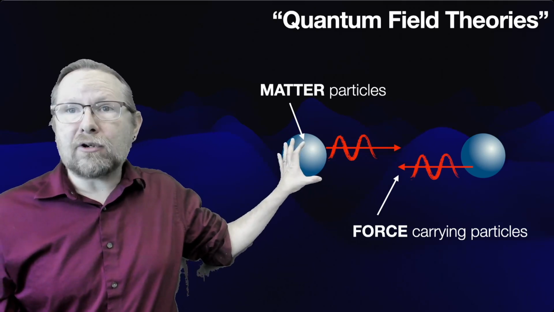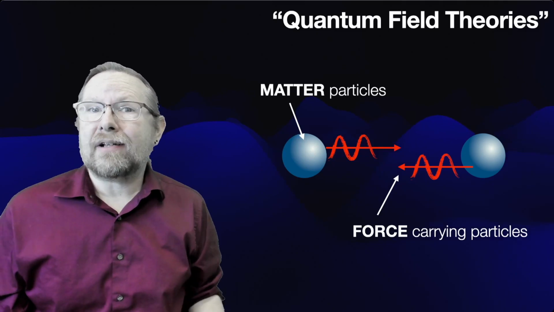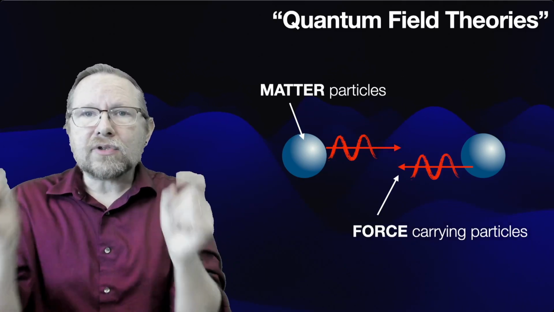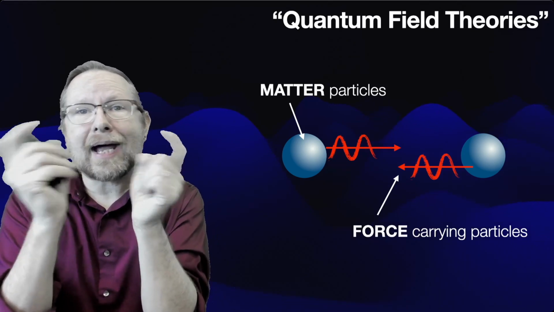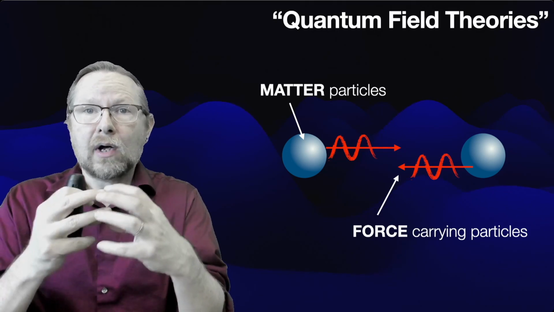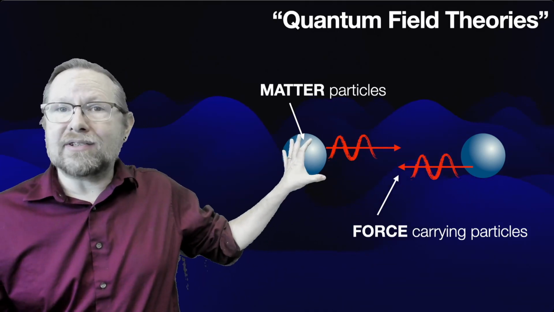Quantum field theories discuss two kinds of particles. There are matter particles, particles that make up stuff like protons, neutrons, electrons, neutrinos, etc. And there are force-carrying particles. They are the particles that get tossed back and forth between particles, and their momentum gives rise to attractive and repulsive forces between them. So an electron is a matter particle.